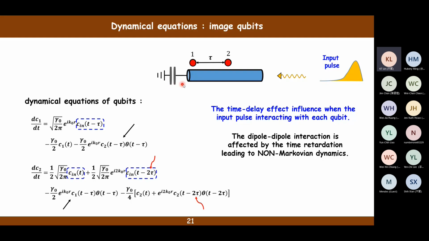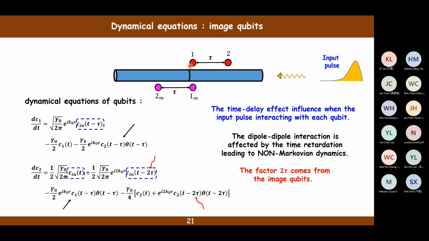It means that we can extend the terminated transmission line to an open transmission line. To fulfill this boundary condition, we need to introduce two image qubits, labeled by the index m. So you can see that the factor of 2 tau comes from these image qubits. It arises naturally.